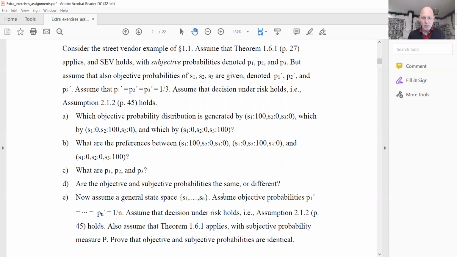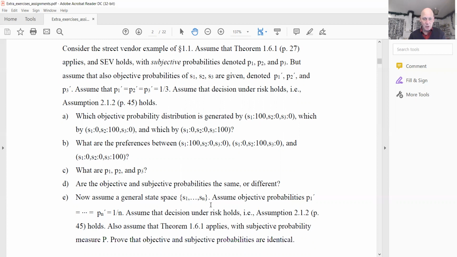That means all the subjective probabilities Pj must also be the same, so they must also be 1/n. So we have proved now that all these states of nature have the same objective and subjective probabilities. This holds even more generally, because if I take any event, let's say it contains j states, that event has objective probability j/n, the sum of those single probabilities, 1/n, j of them.